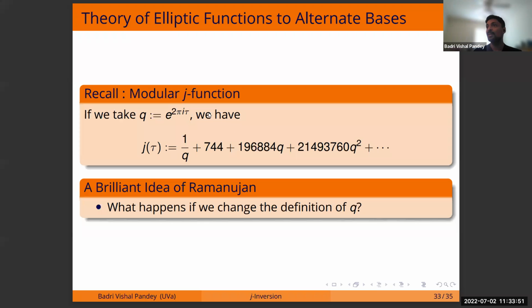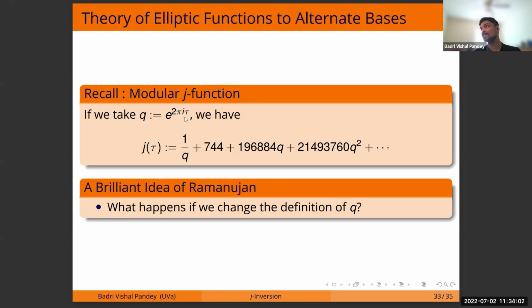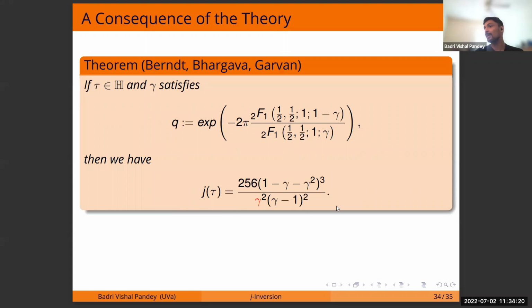So instead of looking at the Fourier expansion, you replace tau by a very special family of functions coming from the ratios of hypergeometric functions. These are the so-called signature 2 hypergeometric functions, like half, half, one, and whatever argument you want to use. When you do that, somehow this whole expansion turns into a rational function in the input variable.